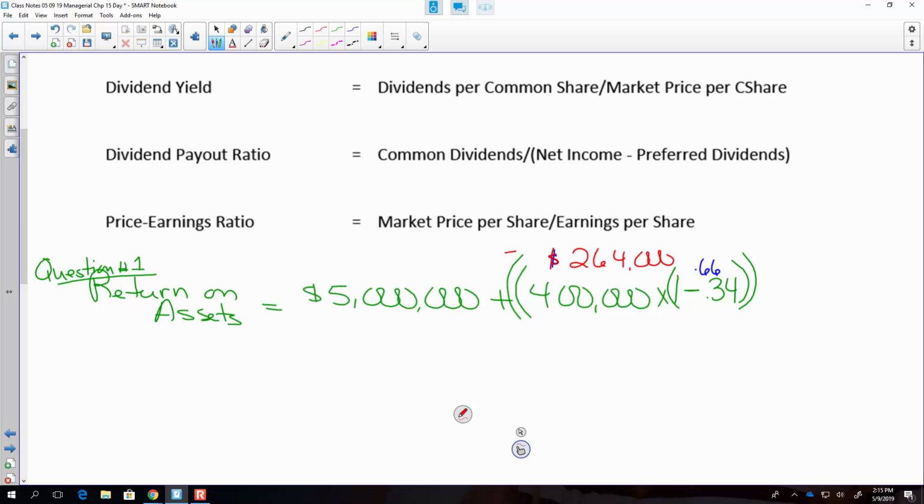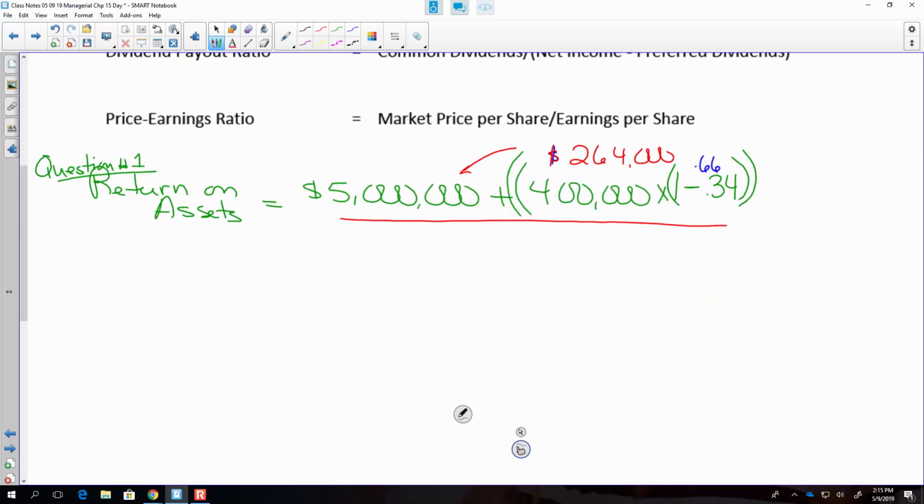So that's added to the 5 million. And we're going to divide that by our assets, right? Our average total assets, which in this case is 60 million. So Allison, what is this return? Like 8 or 9% maybe?